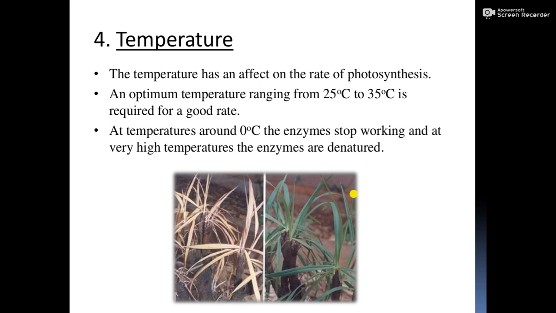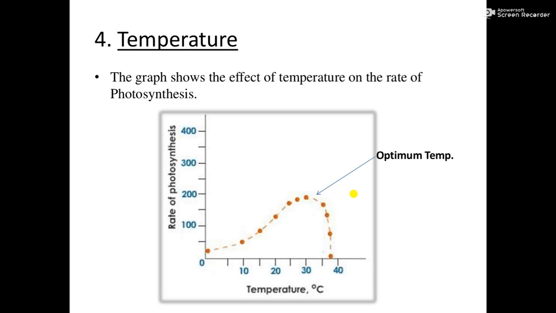Temperature effect. The temperature has an effect on the rate of photosynthesis. An optimum temperature ranging from 25 degrees centigrade to 35 degrees centigrade is required for a good rate of photosynthesis. At temperatures around 0 degrees centigrade, the enzymes stop working, and at very high temperature, the enzymes are denatured.